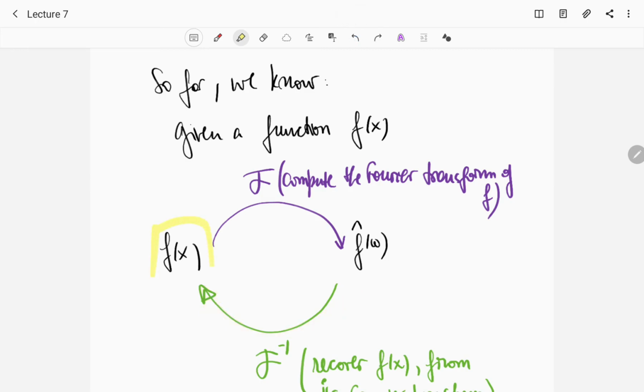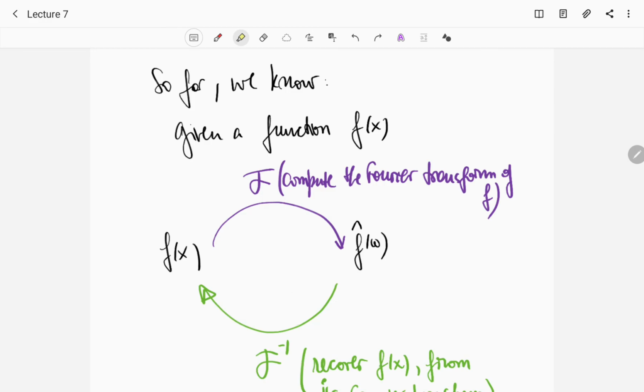I have a function, I do something, and then I undo the something I just did. That's why we use F to denote the process of Fourier transform.